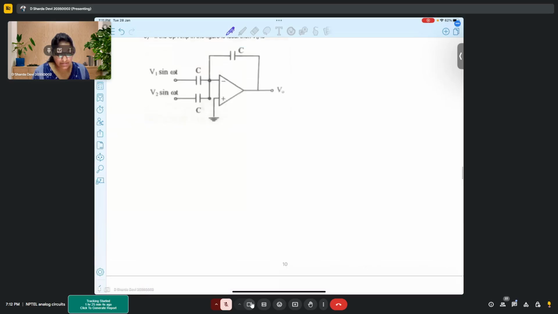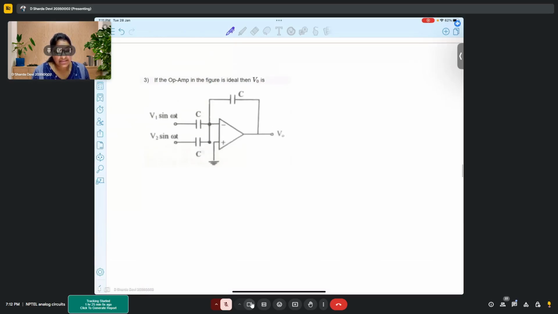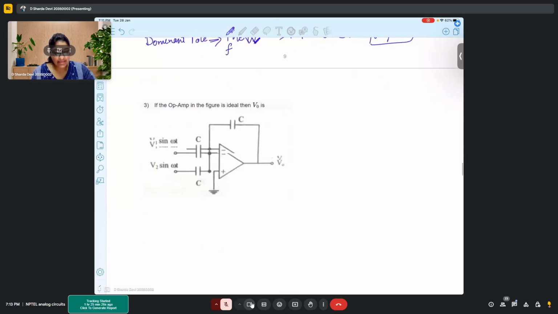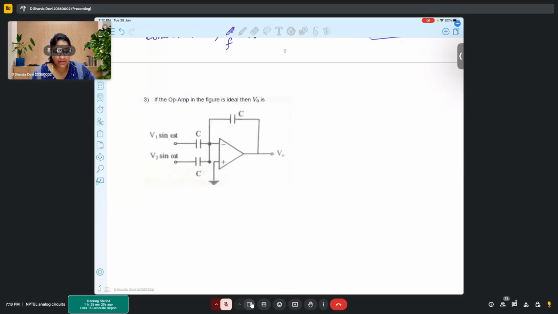All right. So in this particular amplifier, you have to find the value of V naught. What we will do is change this capacitor into the equivalent reactance.